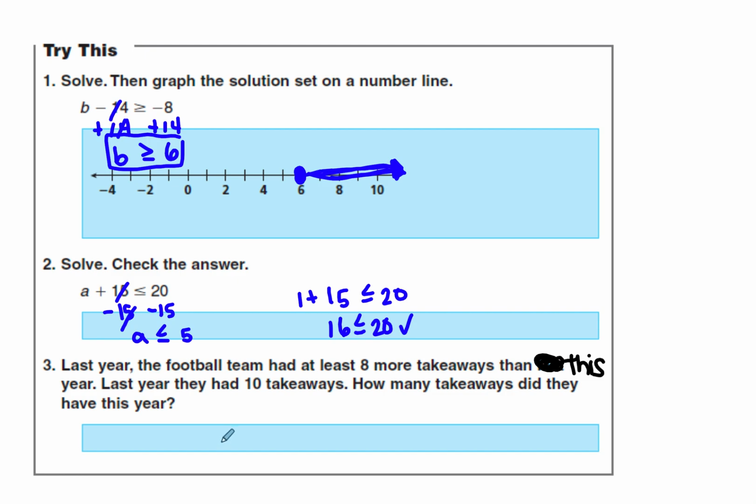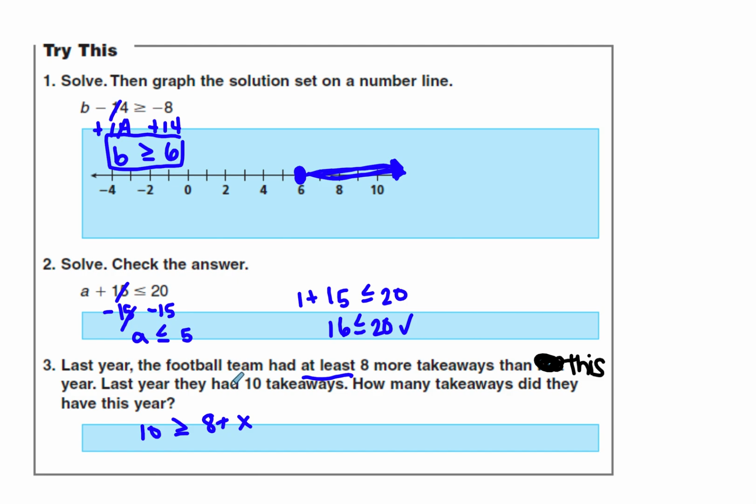All right, last one. Last year, the football team had at least, key phrase there, at least 8 more takeaways than this year. Last year, they had 10 takeaways. How many takeaways did they have this year? All right, so we're going to go in order. Last year, which was 10, they had at least 8 more, so greater than or equal to 8 more than this year.